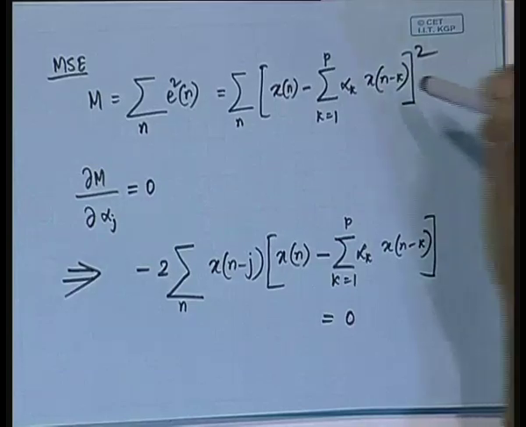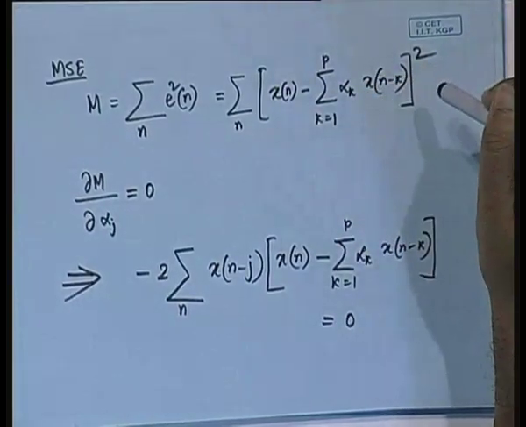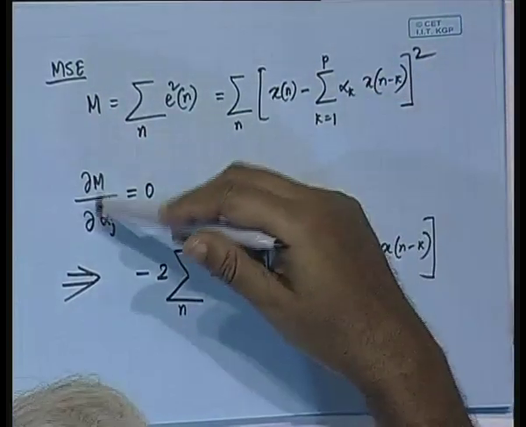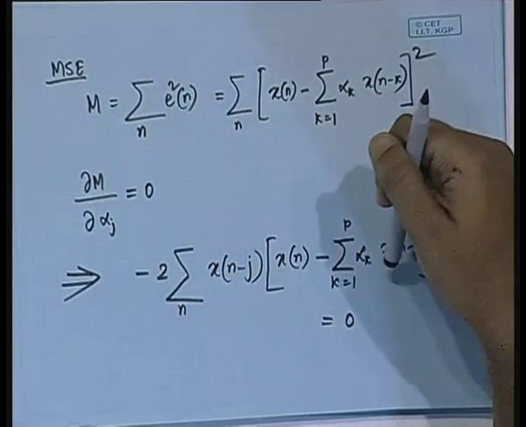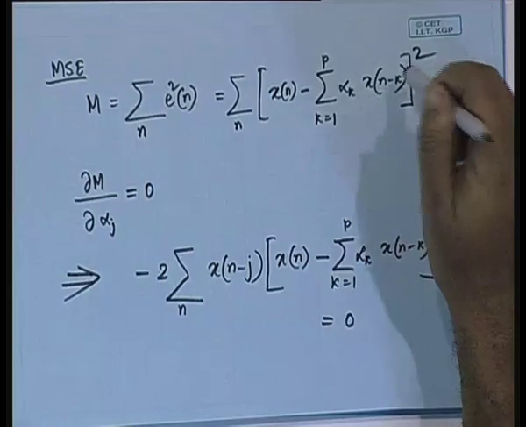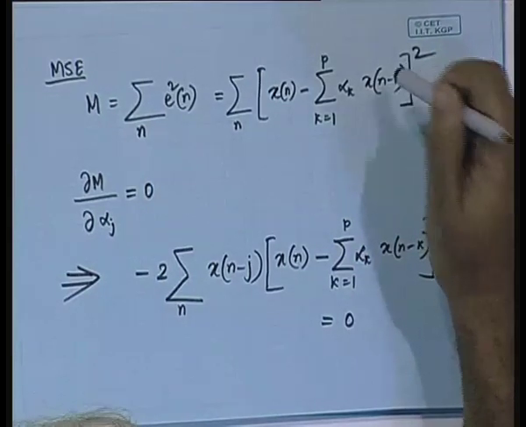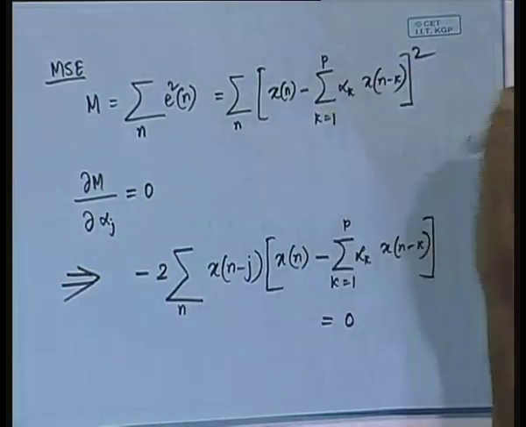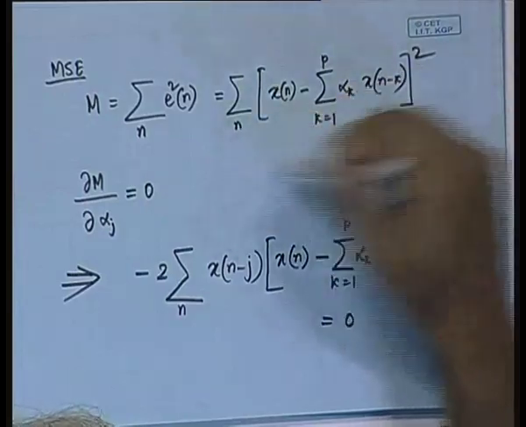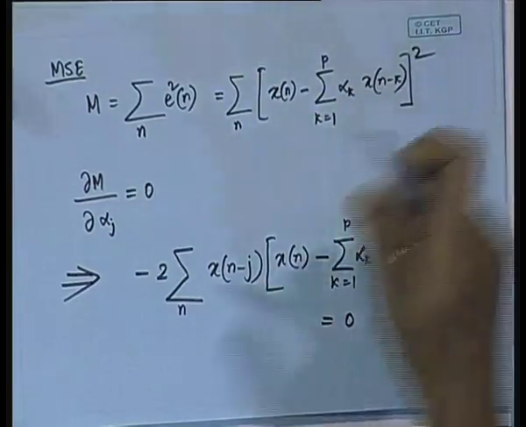So, there will be only one term in this summation series involving alpha j, and when we take the derivative of this, it will contribute to that x of n minus j term. You can just verify this derivative process, it is quite simple. So, this becomes equal to 0.